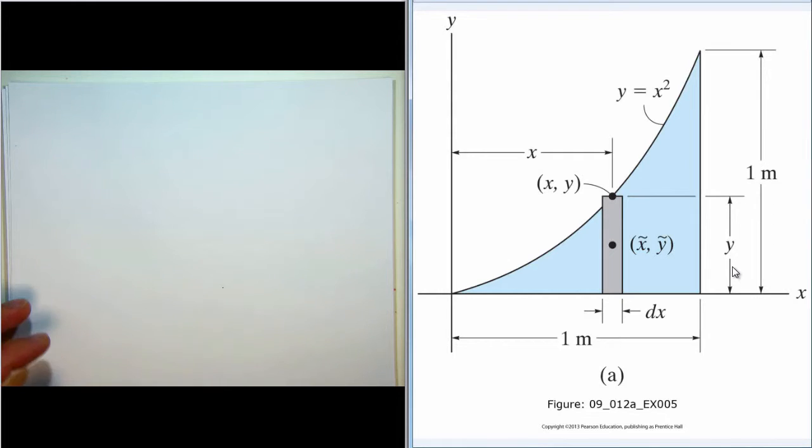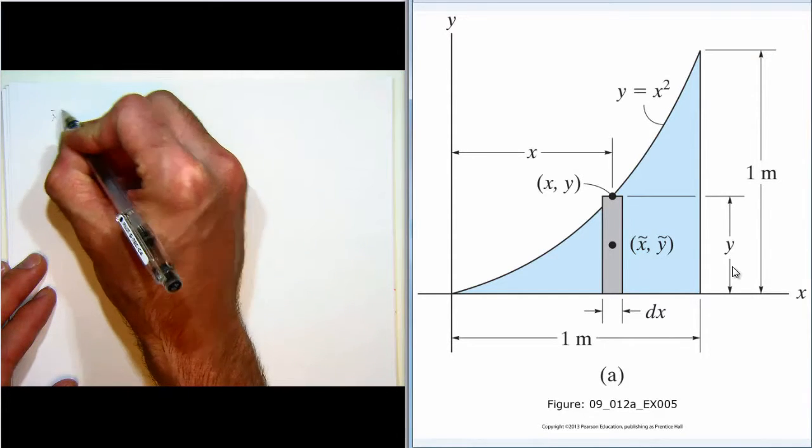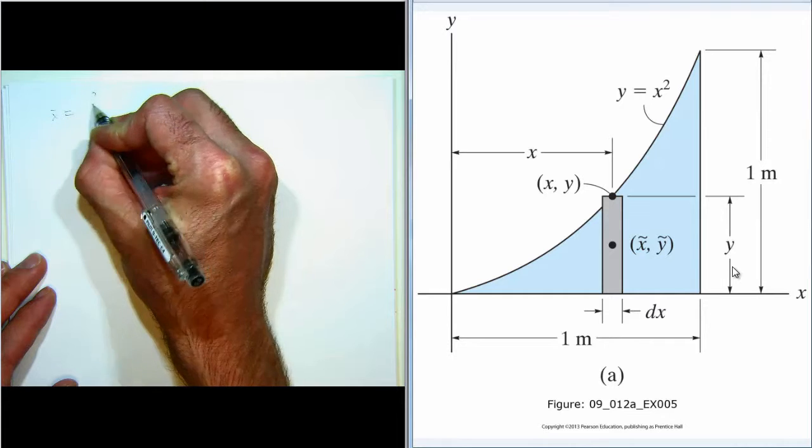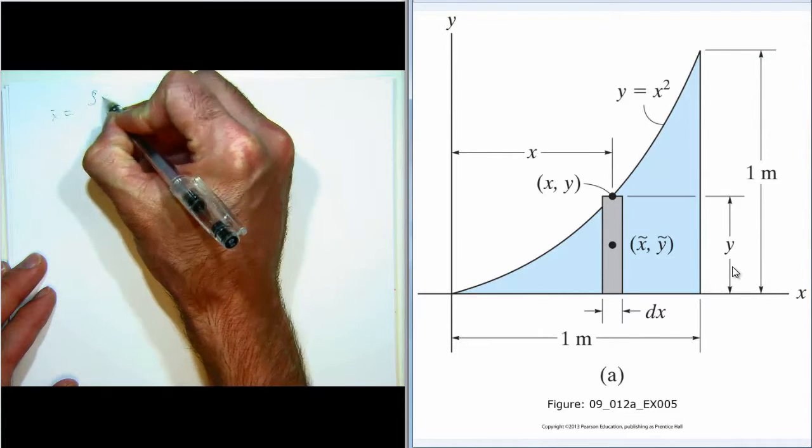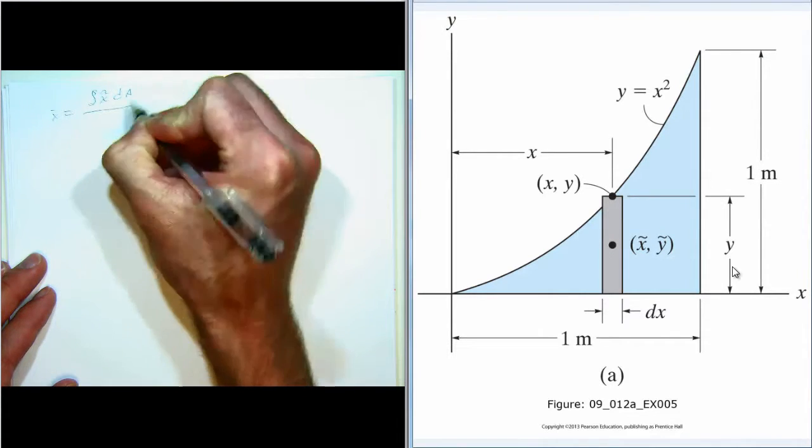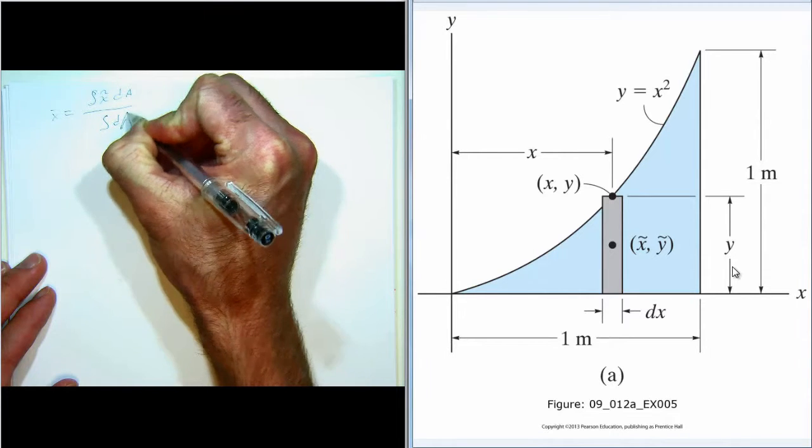So here we have this shape, and we're going to do a single integration. So we'll integrate from x equals 0 to x equals 1, and we'll find x bar is equal to the integral of x tilde dA divided by the integral of dA.